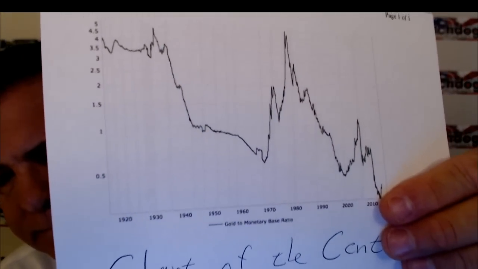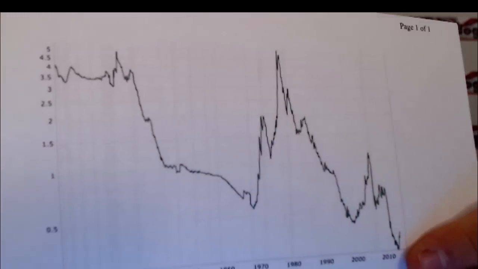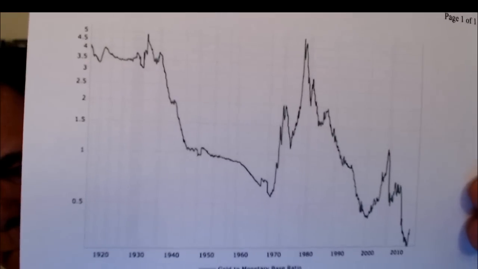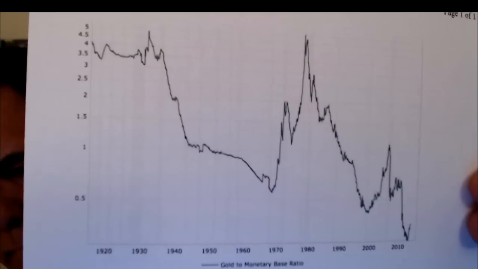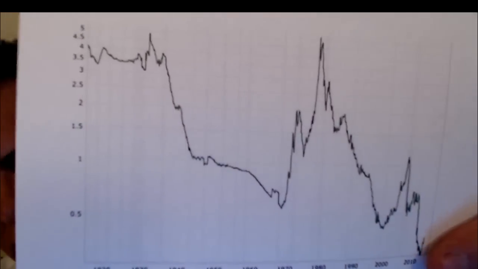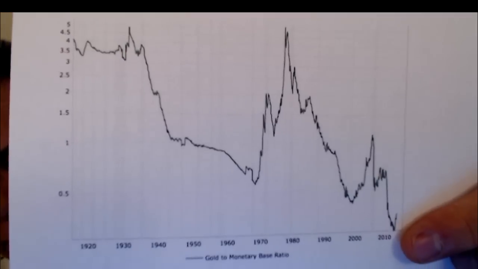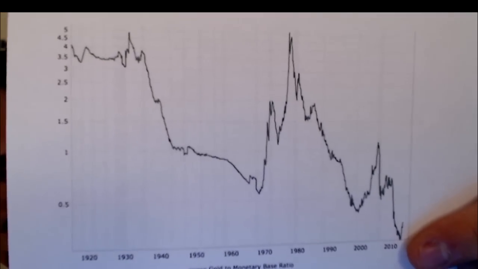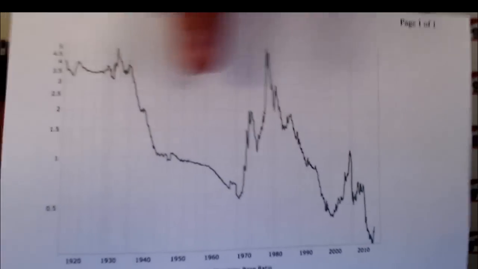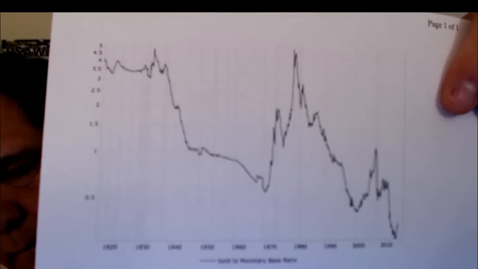Well, basically, it's a function of the amount of dollars outstanding, if you want to call it that, versus the price of gold. And what the chart is showing is that gold at 1340, 1350, in relation to the monetary base, is far cheaper than when it was $20.67 in the 20s. It's cheaper than the $35 peg that they had from 1933 to 1971.